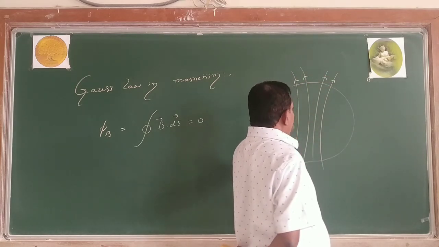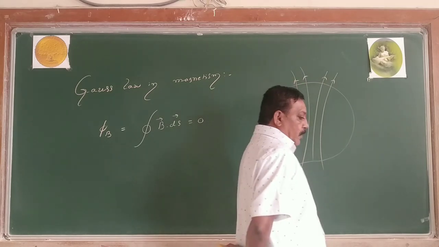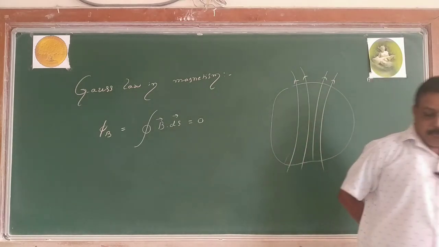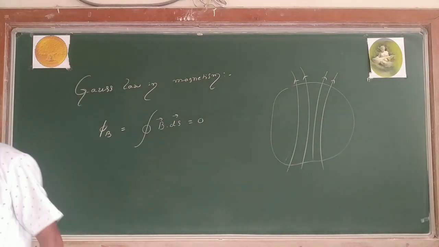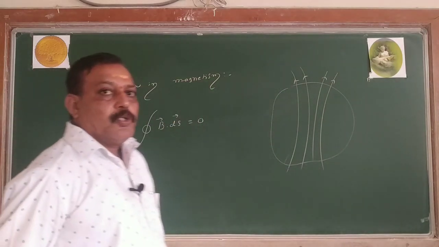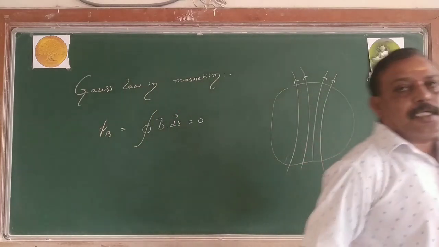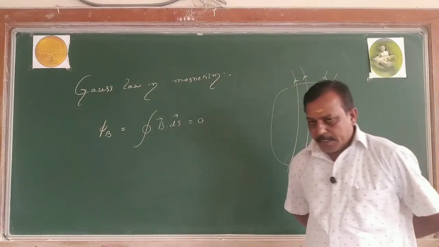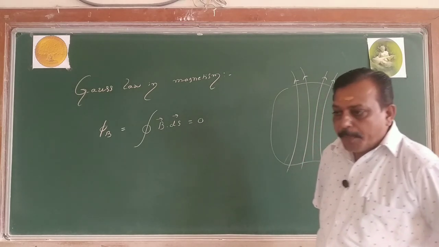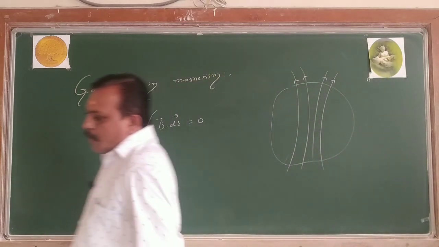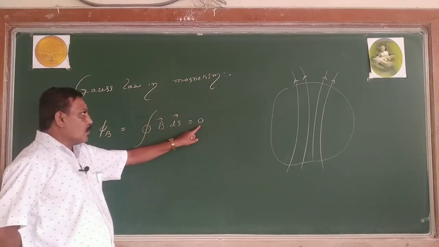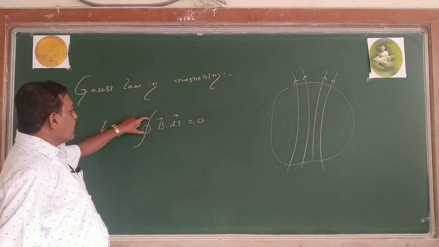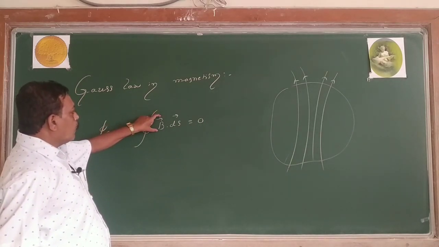This is the Gauss law in magnetism. Its main conclusion is that there will be no existence of an isolated pole. Magnetic poles always exist in pairs. That is concluded using Gauss law in magnetism: the magnetic flux through any closed surface is equal to 0, or the surface integral of the magnetic field over a closed surface is equal to 0.